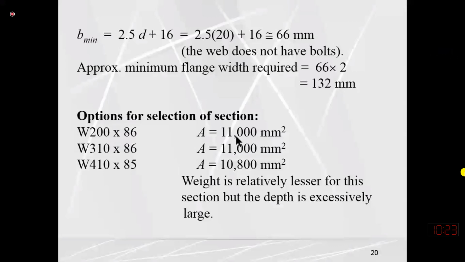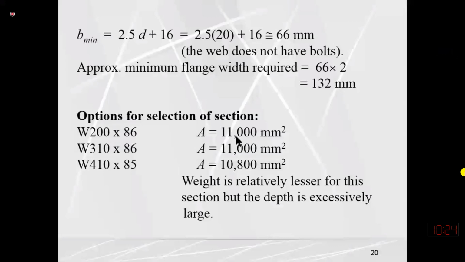So 89 has more area, but I think I have missed some sections. Okay, sorry, I was selecting the section from BS.